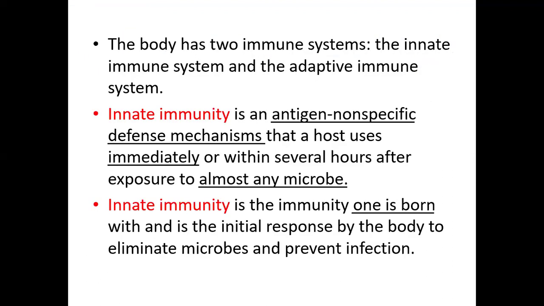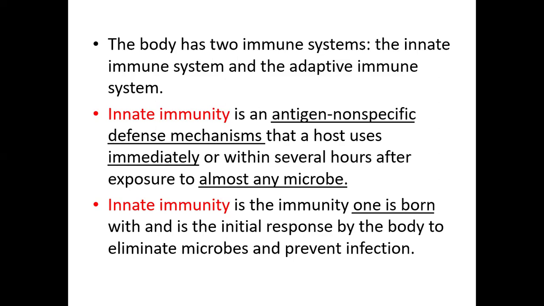Okay, as you know, in our body we have two types of immune systems, the innate immune system and the adaptive immune system. Innate immune system is antigen non-specific, and it's an immediate immune response which starts to work very quickly, within several hours after exposure to almost any microbe, and it's a primary immune system.